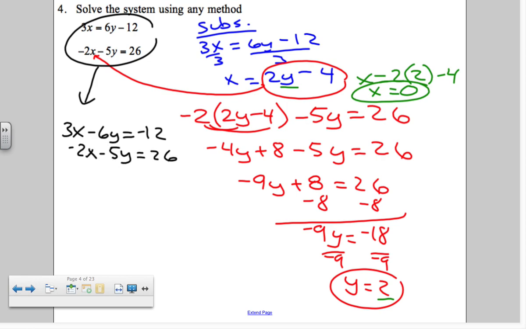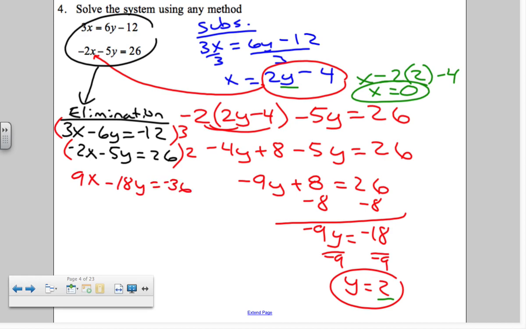So to use elimination, you'd have to first get all your x's and y's to line up, and then you could have multiplied the top equation by 2 and the bottom equation by 3.